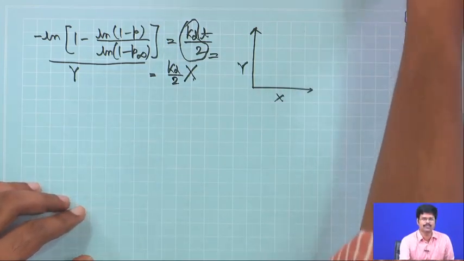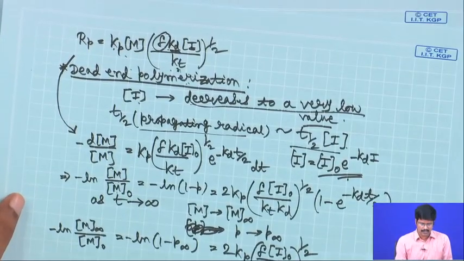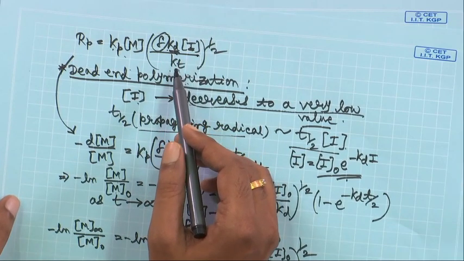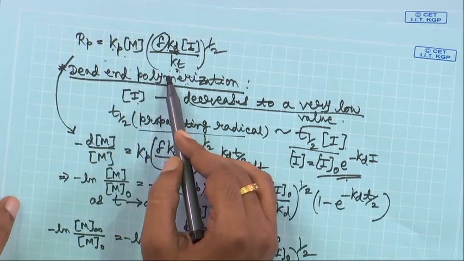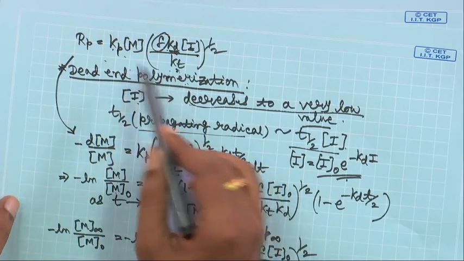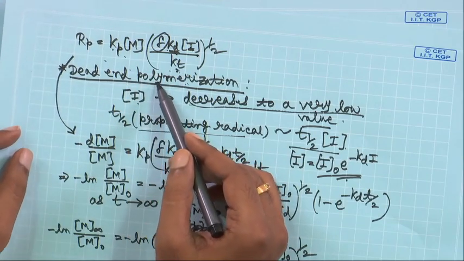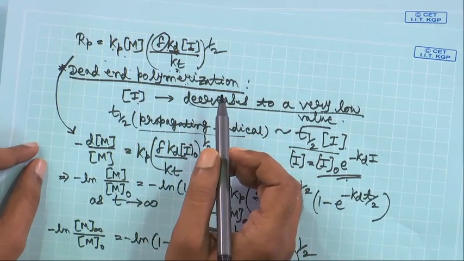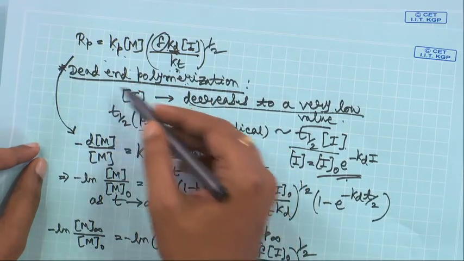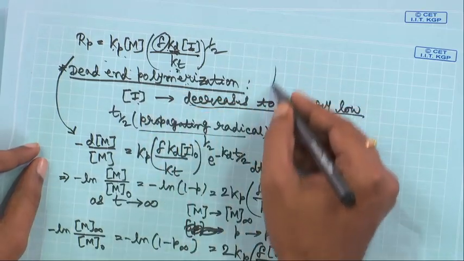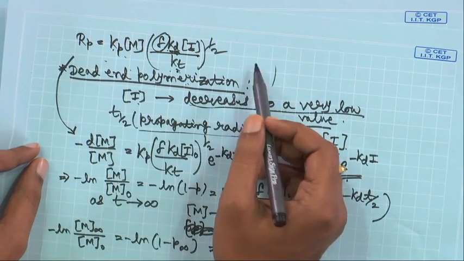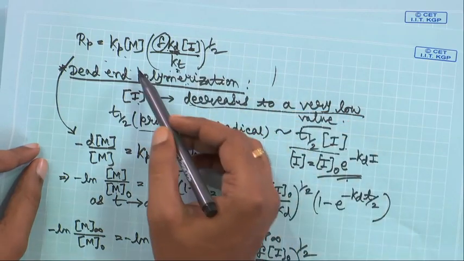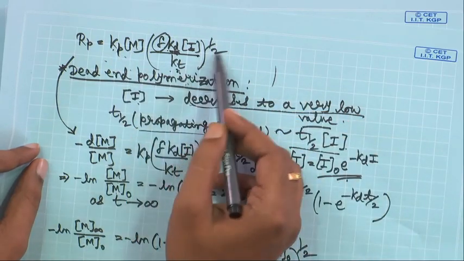Now, once you know the value of k d, the dissociation rate constant, you can put it here, you know the initiator concentration, and you know the value of k p divided by k t to the power half from your other experiments. Other experiments means, I told you that from the Mayo equation, when you are plotting 1 divided by x n bar against rate of polymerization, the initial plot was linear and that slope will give you the value of k p divided by k t to the power half.